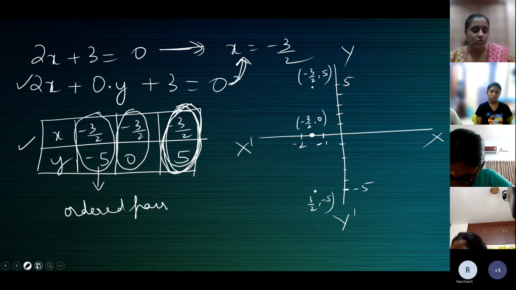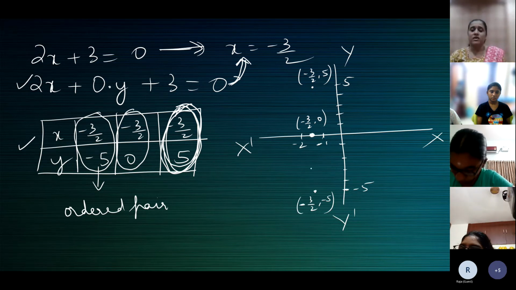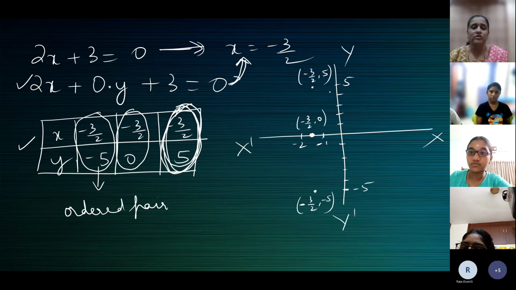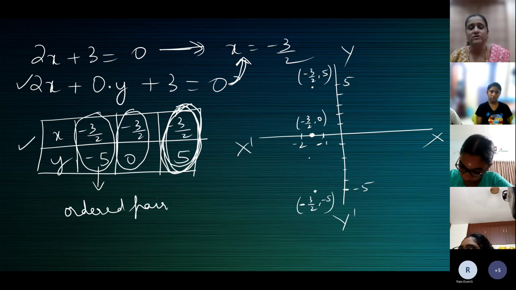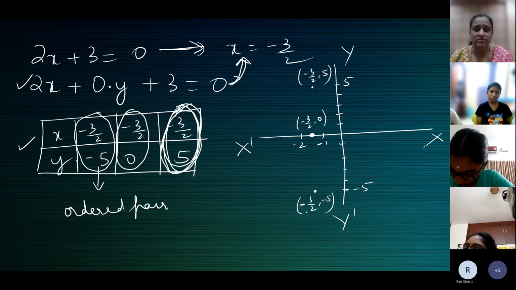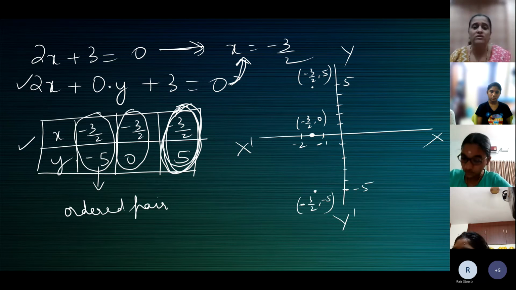Now what happens when you join the points? Children, after marking the 3 points, you'll have to connect them. When you join the 3 points, you must be able to connect all 3 by the same straight line.